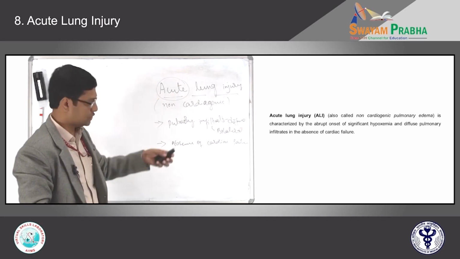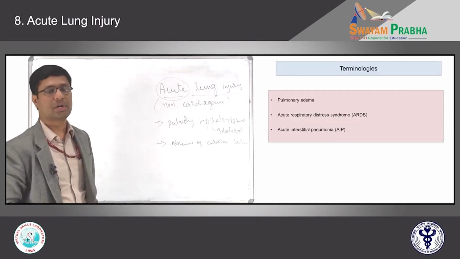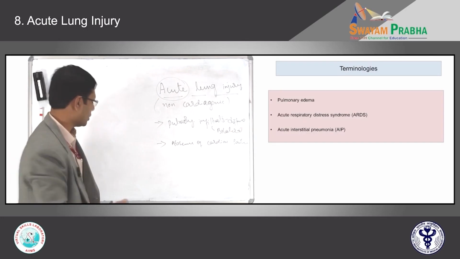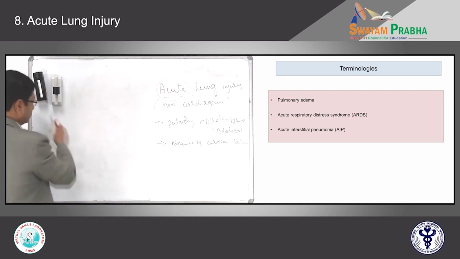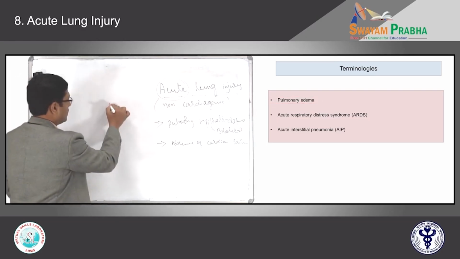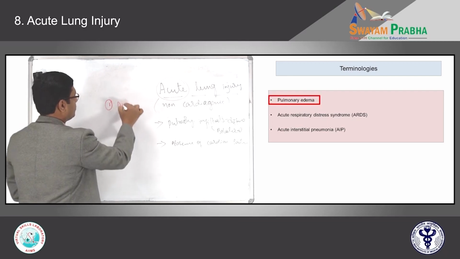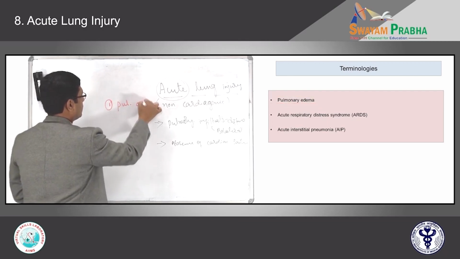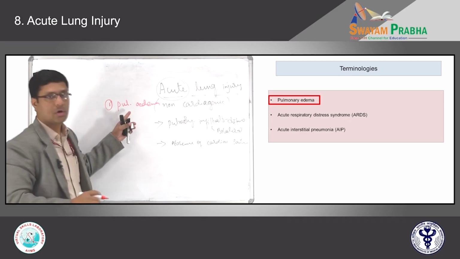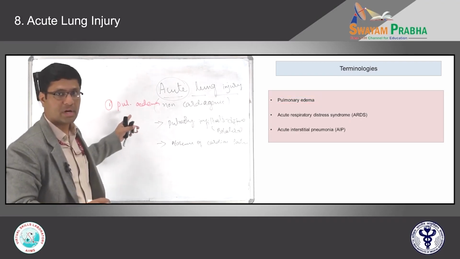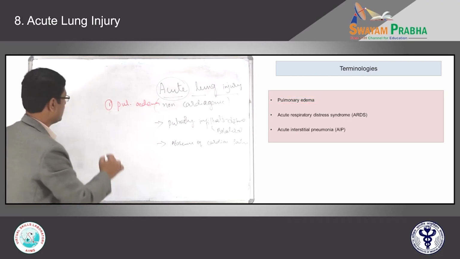In acute lung injury, there are three important terminologies all of you should remember. What are those terminologies? First is pulmonary edema. We studied pulmonary edema in detail in the last class.